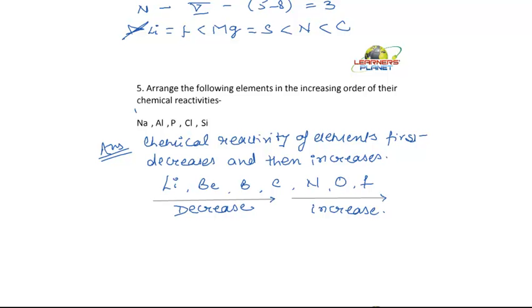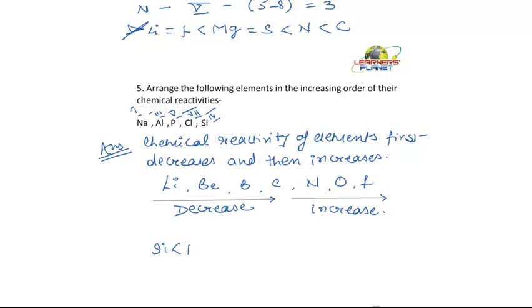Sodium belongs to the first group, aluminium belongs to the third group, phosphorus belongs to the fifth group, chlorine belongs to the seventh group and silicon belongs to the fourth group. Now, what will happen? It is in the increasing order. So the least reactive would be silicon.